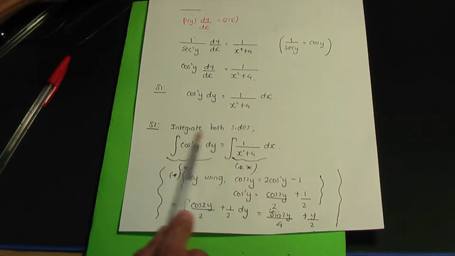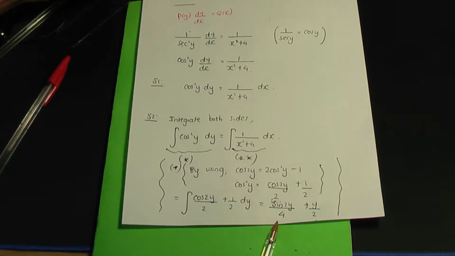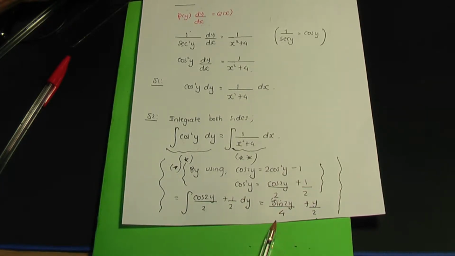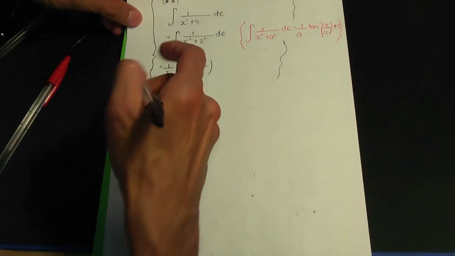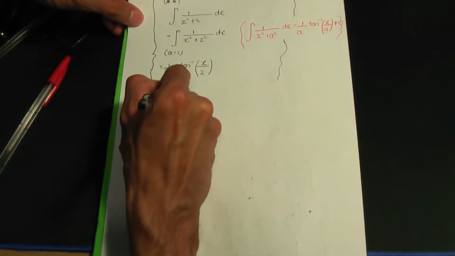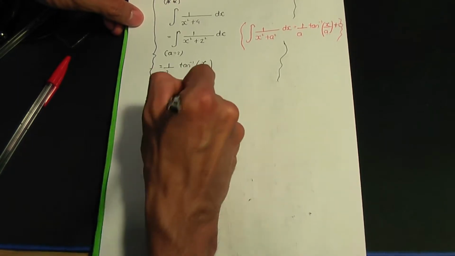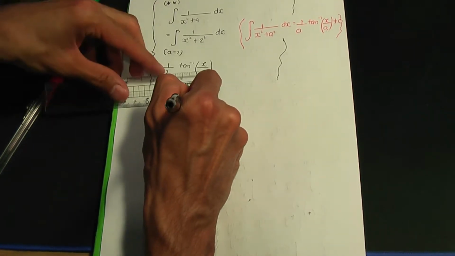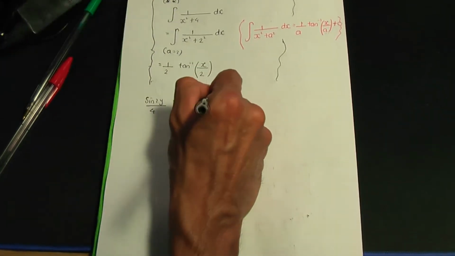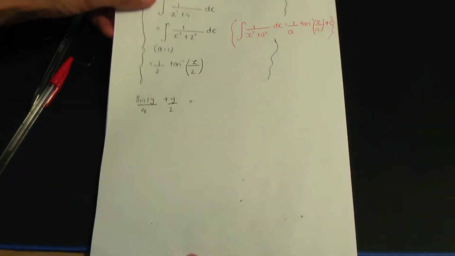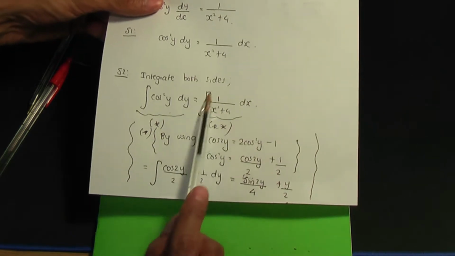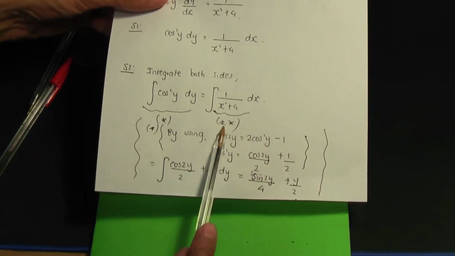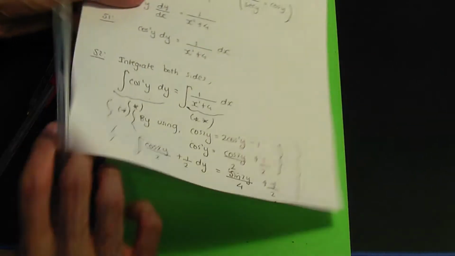Okay, and let's use these results from the side calculations in this main calculation over here. So for star, we integrated that as a side calculation. We had sine 2y over 4 plus y over 2. And that is equal to, on the right hand side, the integration of 1 over x squared plus 4, which I've named double star.